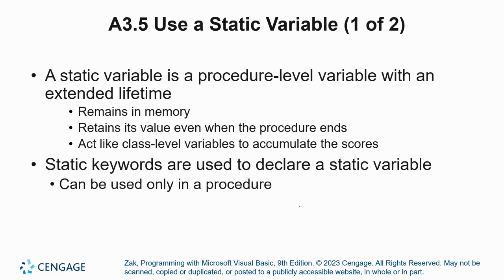Check, did page 94. All right, so static variables are declared just like a procedure level variable, but with an extended lifetime. Only the lifetime is extended. It's going to remain in memory. It holds its value.